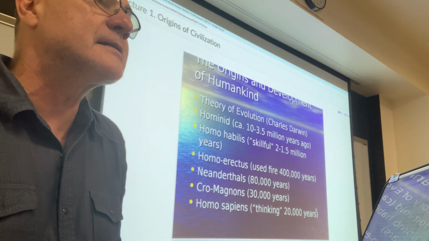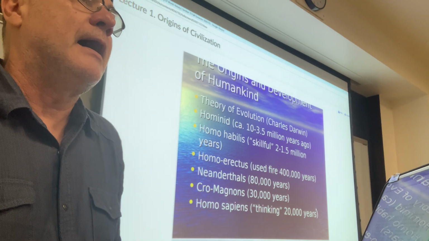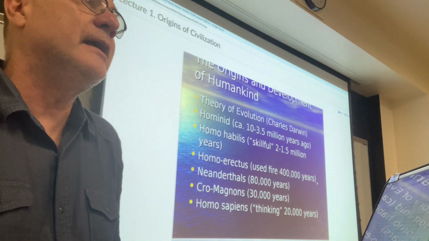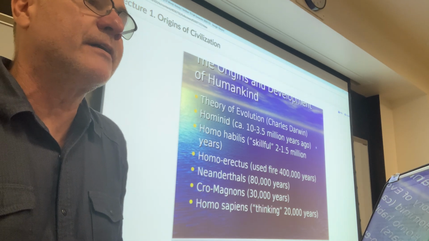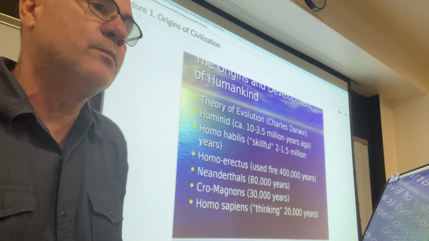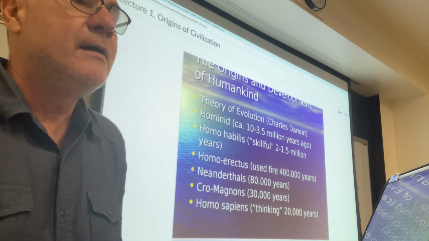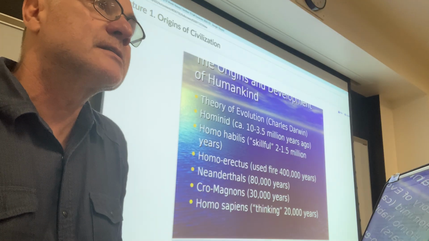The earliest hominids were discovered in Africa. Their fossils are from 10 to 3.5 million years old.